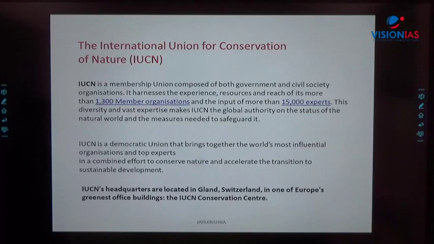What was the full name earlier? Right now it is popularly called International Union for Conservation of Nature. But what is the full form earlier? International Union for Conservation of Nature and Natural Resources.